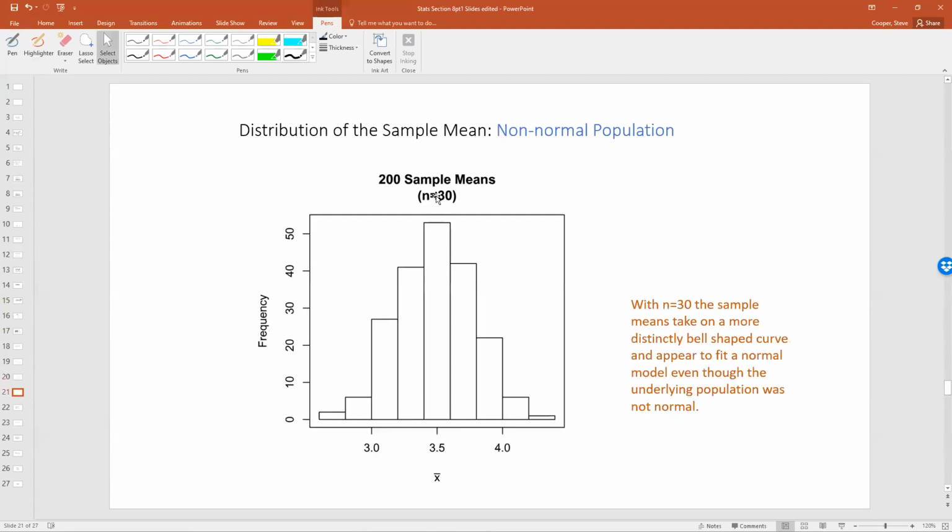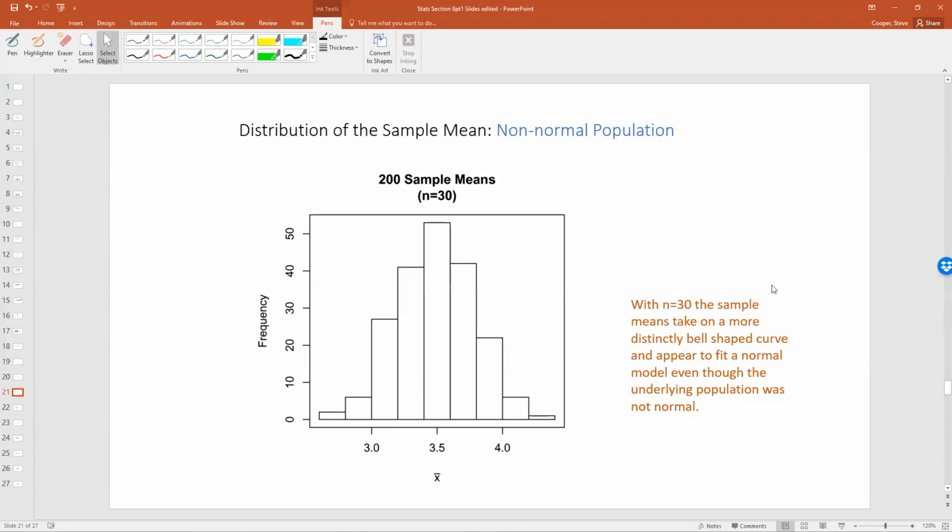Now look what happens once we hit 30. 30 is kind of that special law of large numbers for sample sizes, and it's also where the distribution takes on a pretty recognizable bell shape. So we're going to lock this in and say with n equal to 30, the sample means take on the more distinct bell-shaped curve and appear to fit the normal model, even though just a roll of a dice itself as a distribution does not have a bell-shaped curve.